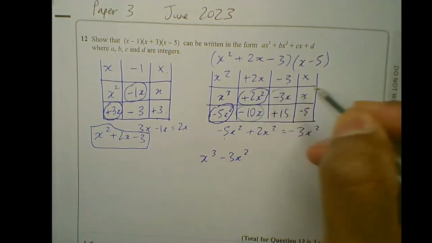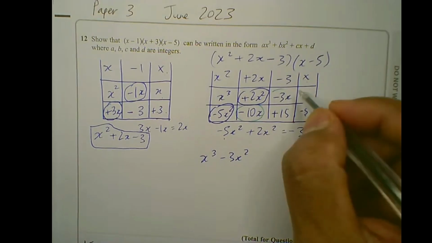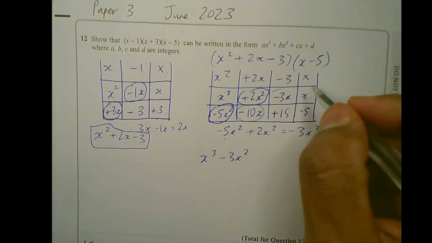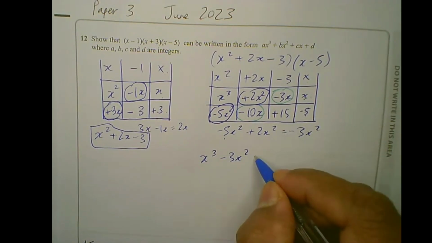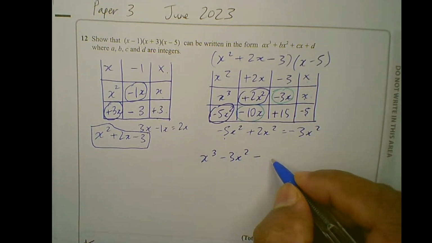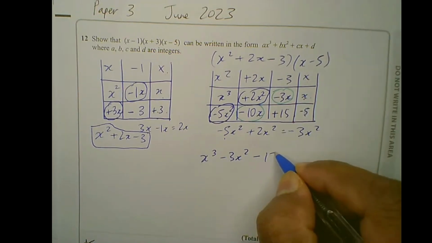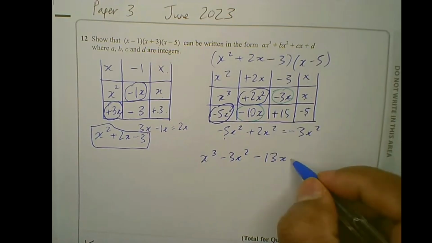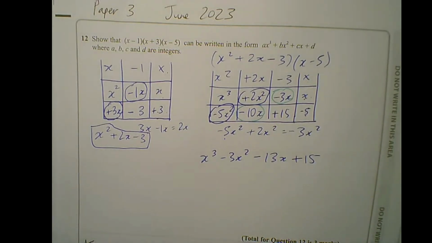Minus 10x minus 3x gives me minus 13x. And I've got plus 15. And then that's it. That is my final answer.